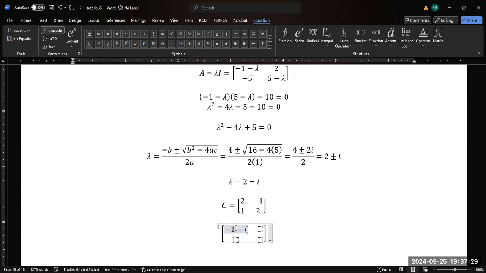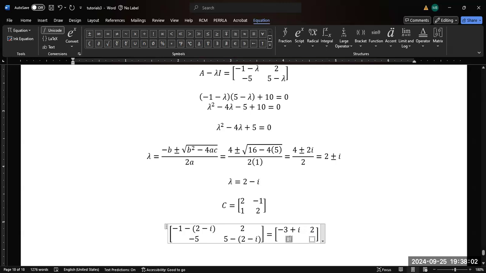So -1 minus (2 minus i), and 2, and -5, and 5 minus (2 minus i). And so if we simplify, -1 and -2 is going to give me -3 plus i. And this is going to give me 2. And this is going to give me -5.